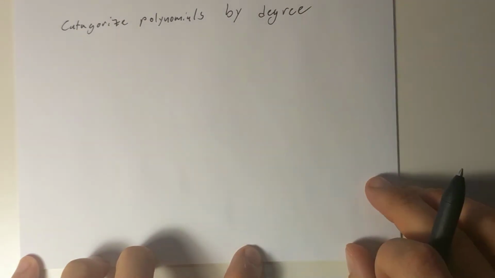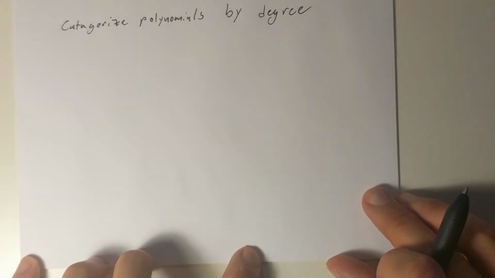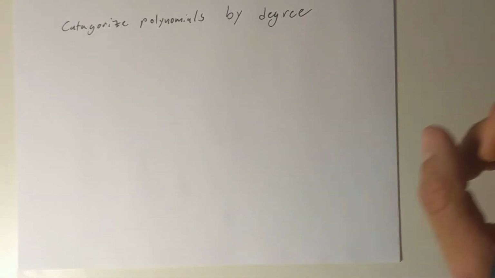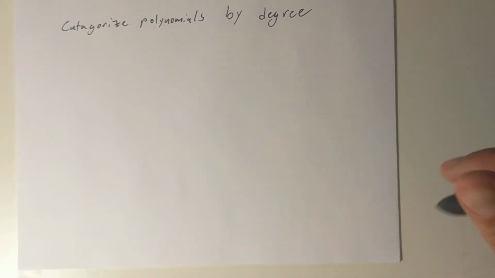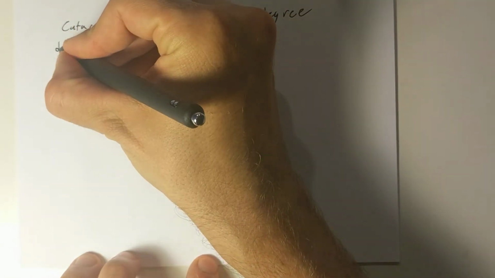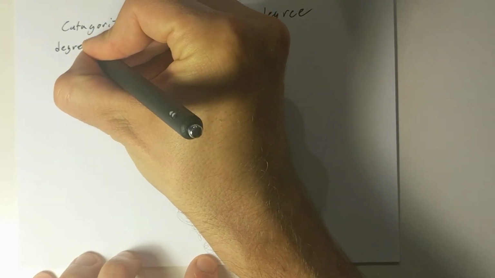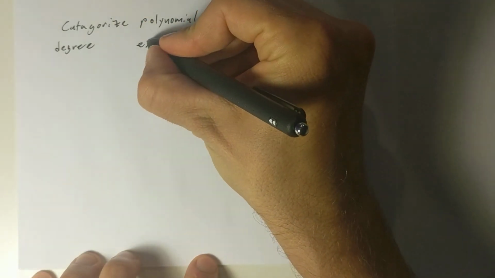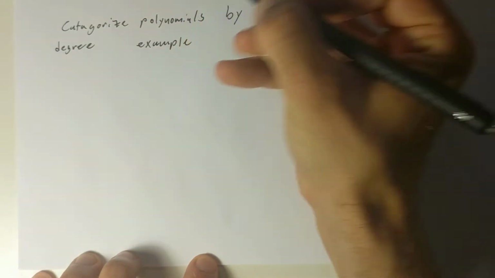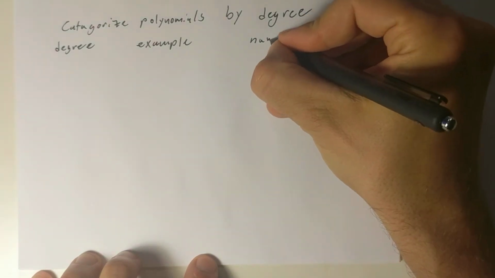How do we categorize the polynomial by the degree? We will give an example, and then we will give the name.